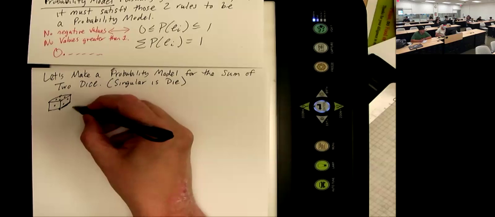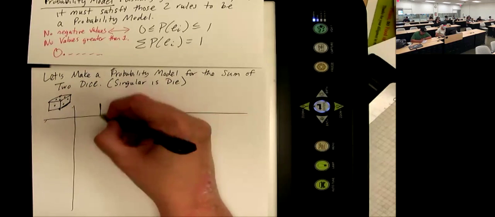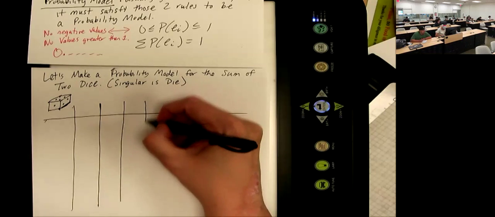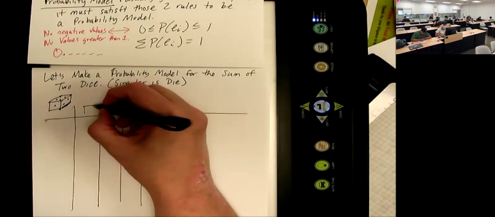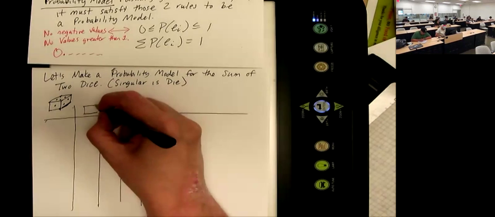So I'll make a table. I'm gonna make a chart depicting what they are so we can add them up. I'm gonna use two different colors too. I'll use black and red, so I've got a black die and a red die.